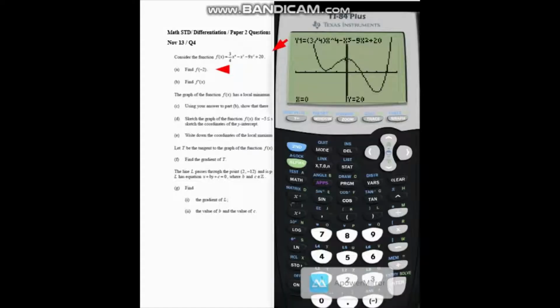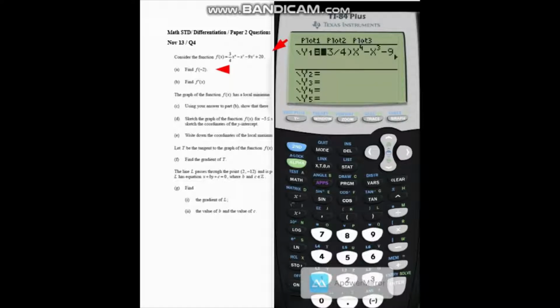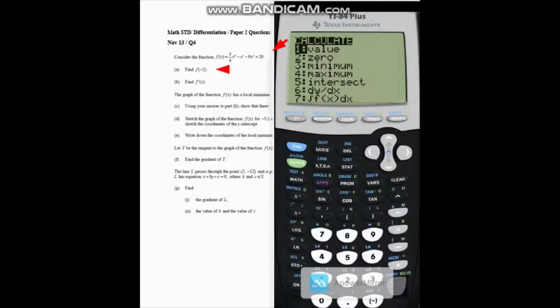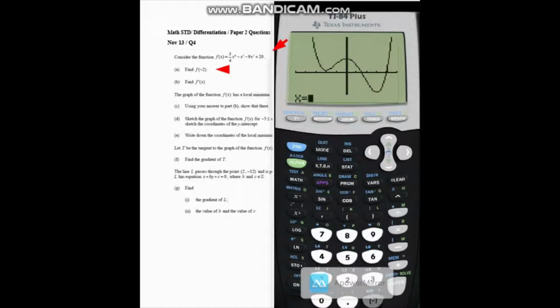So for the given function, I'm required in A to find f of -2. So using your GDC, just write the function down. There is my function, and I click on trace, and second trace value, and you plug in -2, and the calculator tells you that y equals 4.